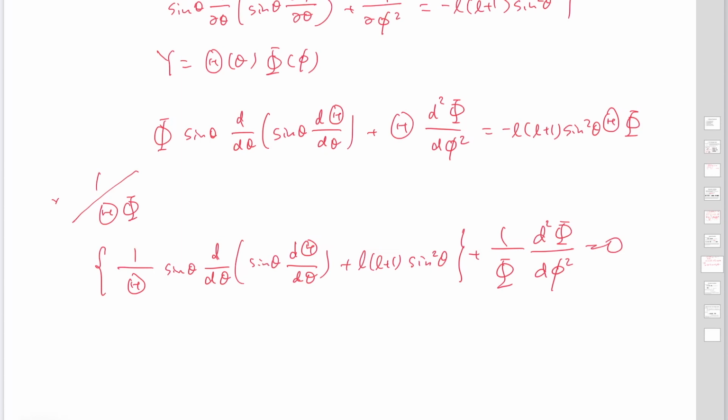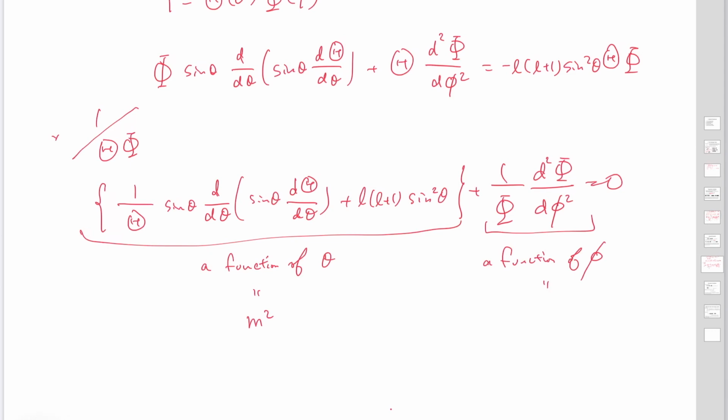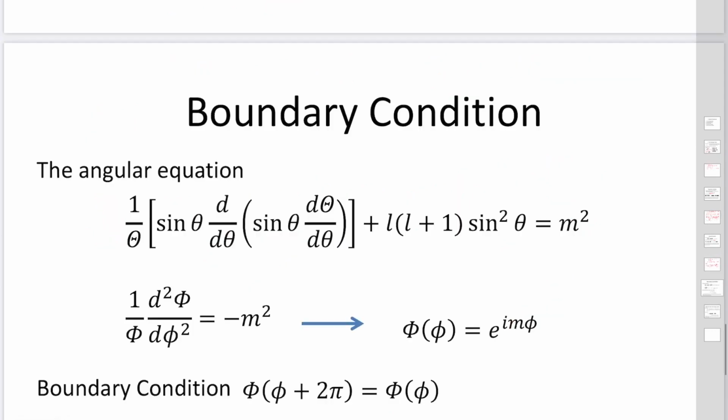Again, the first term is a function of theta alone, and the second term is a function of phi. So each term has to be constant. So we name this m squared, and this is going to be minus m squared.